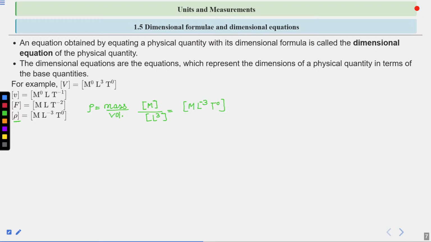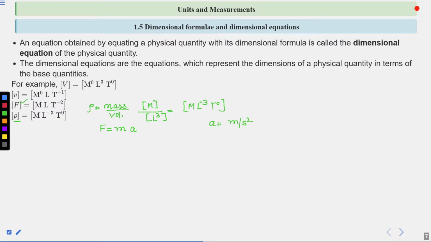Clear? And if we talk about the force, F is equal to mass into acceleration. So what is acceleration? The unit of acceleration is meter per second square.